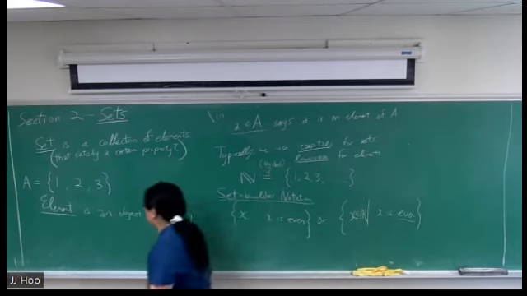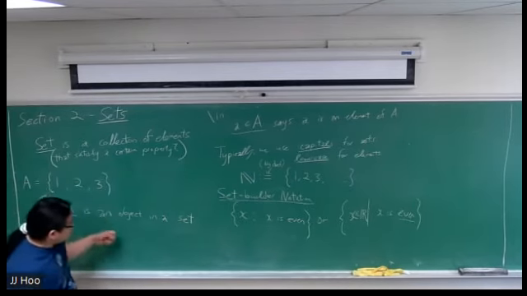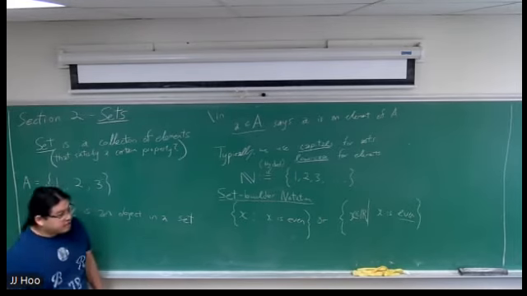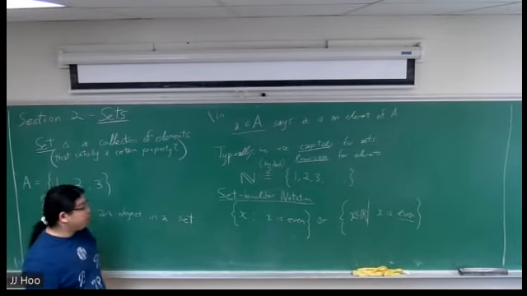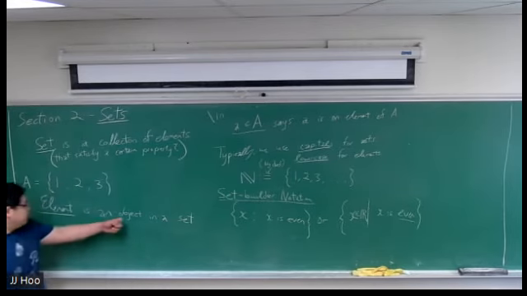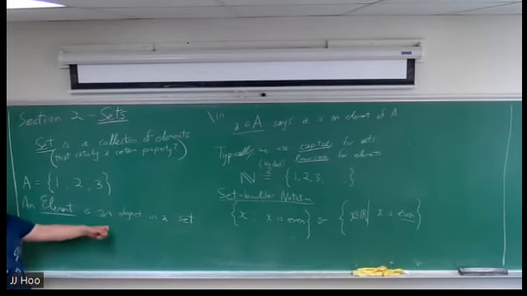So let's just assume we know all of the obvious words like is, and, in, right? Obviously we know what those are, but sometimes we want to make sure that we do know what every single thing is. For example, this is a sentence, right? An element is an object in a set.